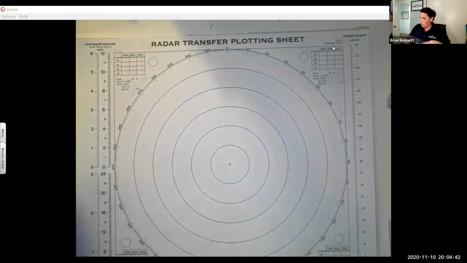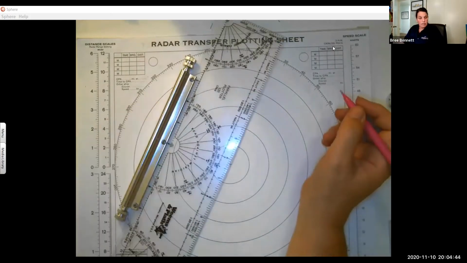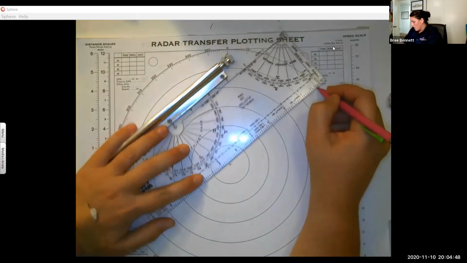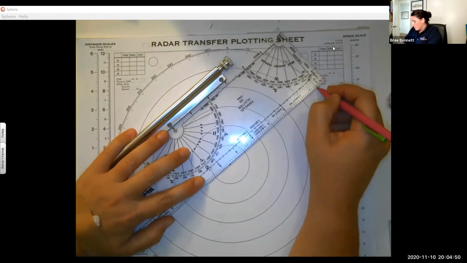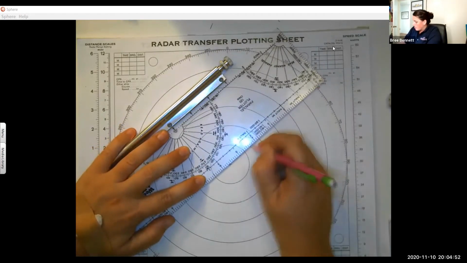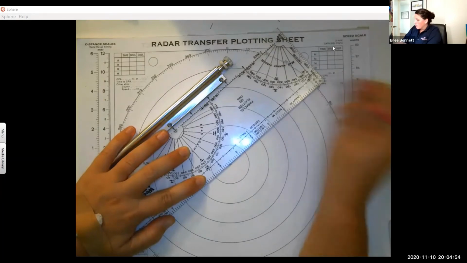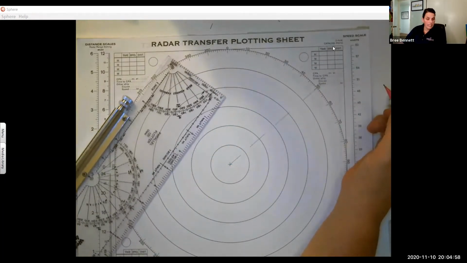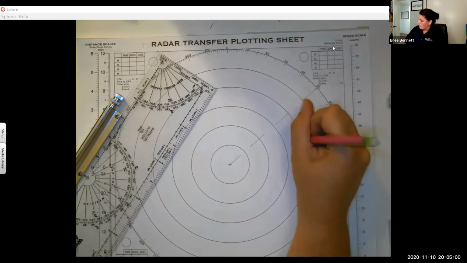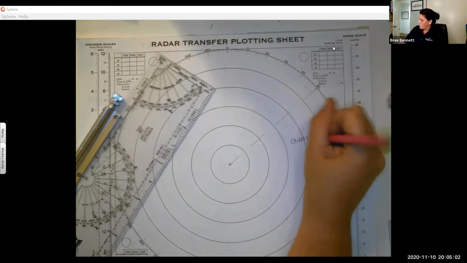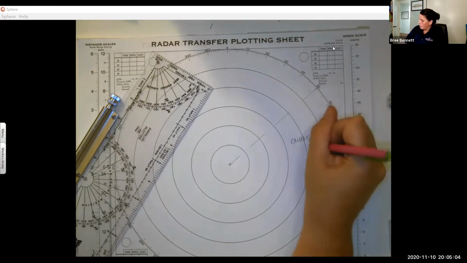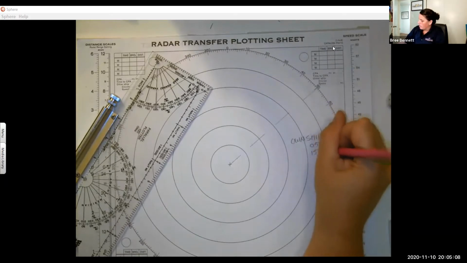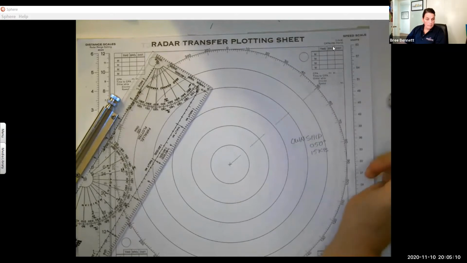So we are on course 050. So I'll give us our heading flasher at 15 knots. So own ship 050 at 15 knots.